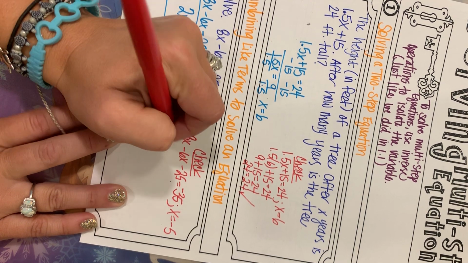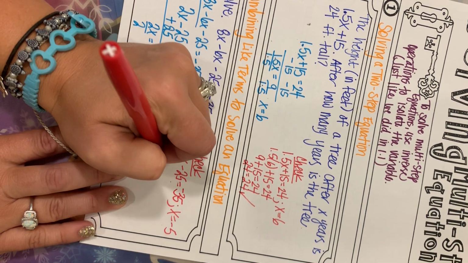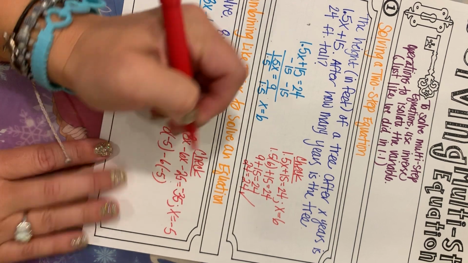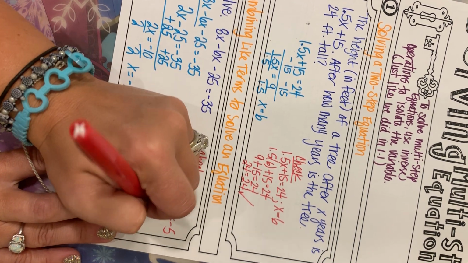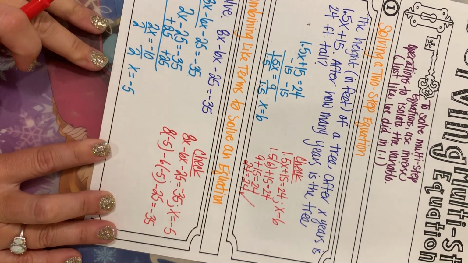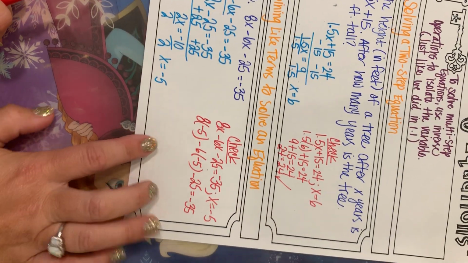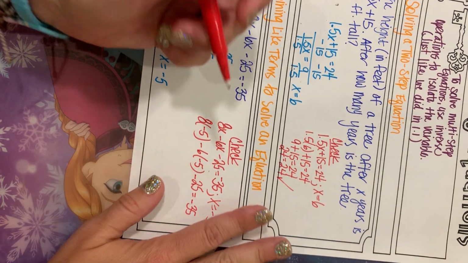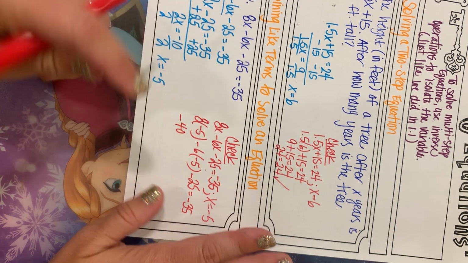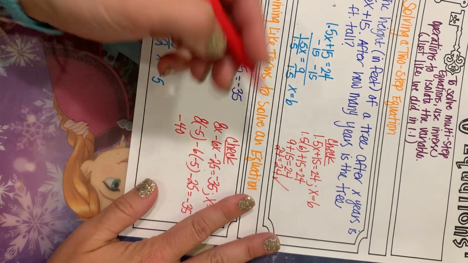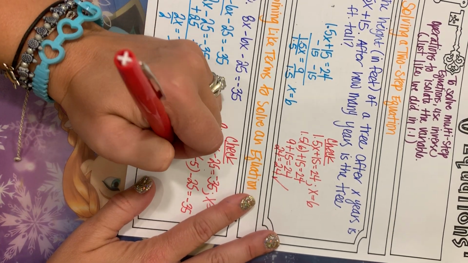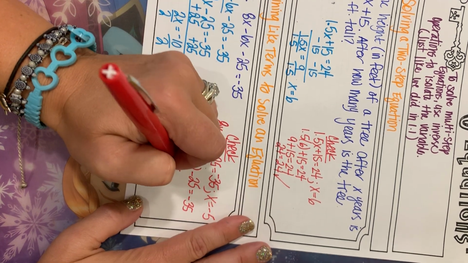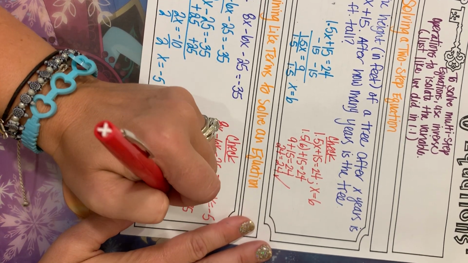So I have 8 times negative 5 minus 6 times negative 5 minus 25 equals negative 35. 8 times negative 5 is negative 40. Negative 6 times negative 5 is positive 30. And minus 25 equals negative 35.